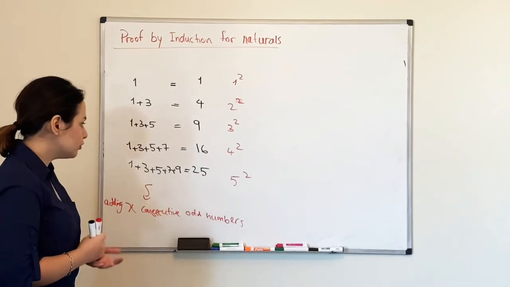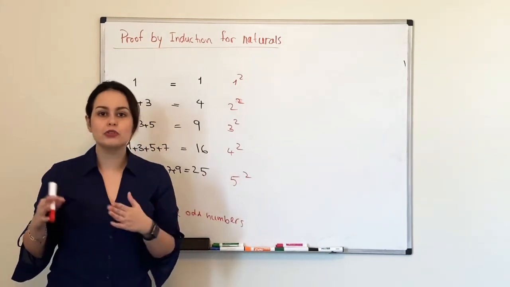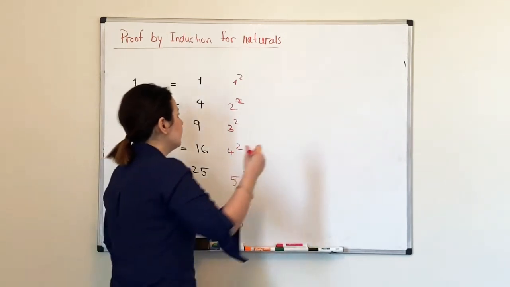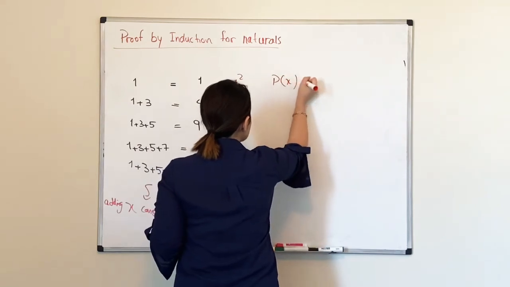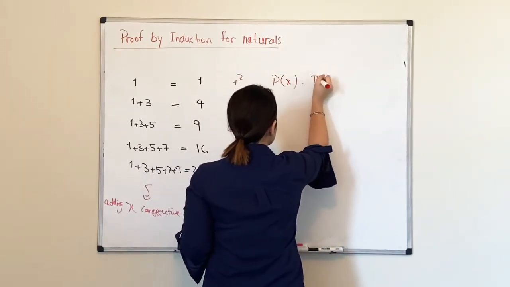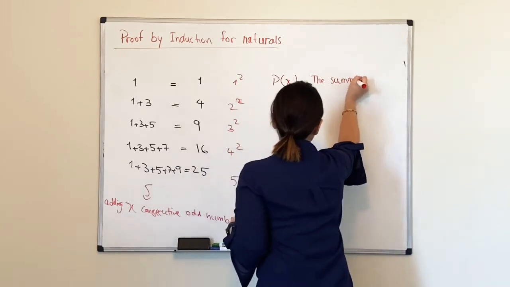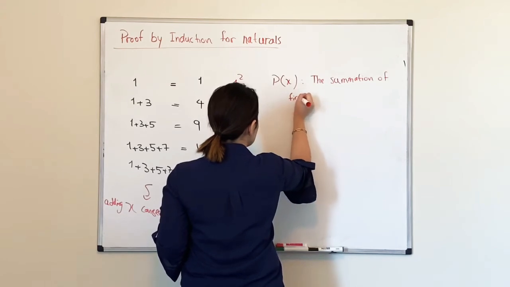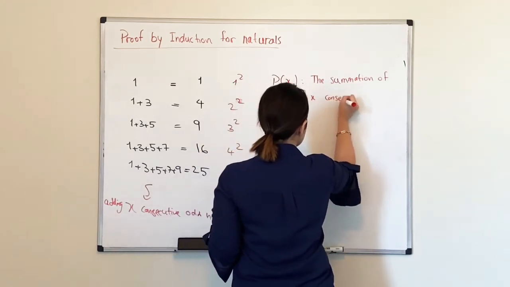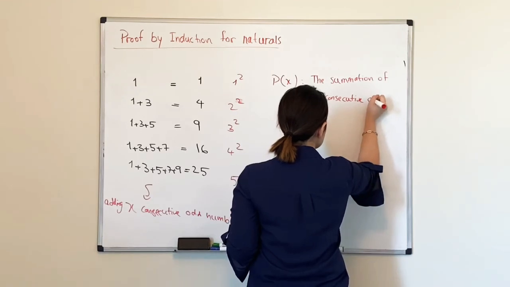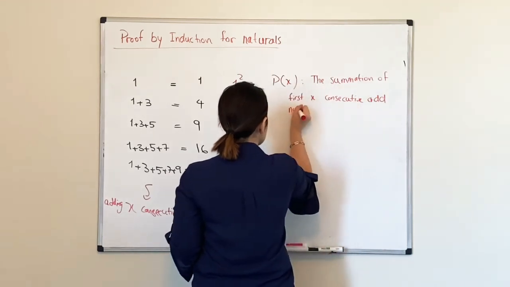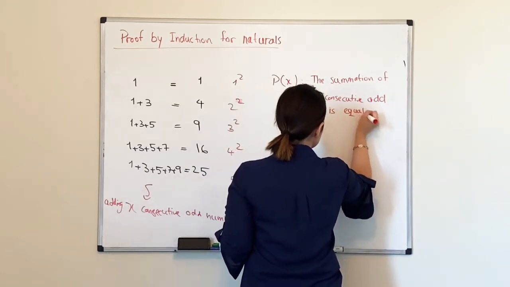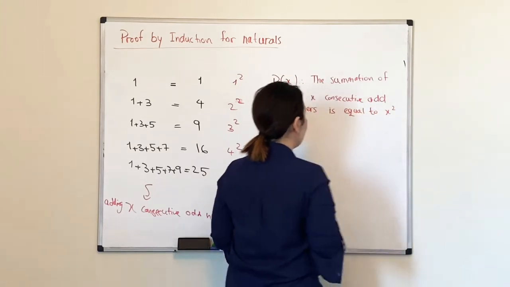So I see that pattern, I want to see if I can prove that pattern. So what happens is that I create that predicate P of x: the summation of first x consecutive odd numbers is equal to x squared.